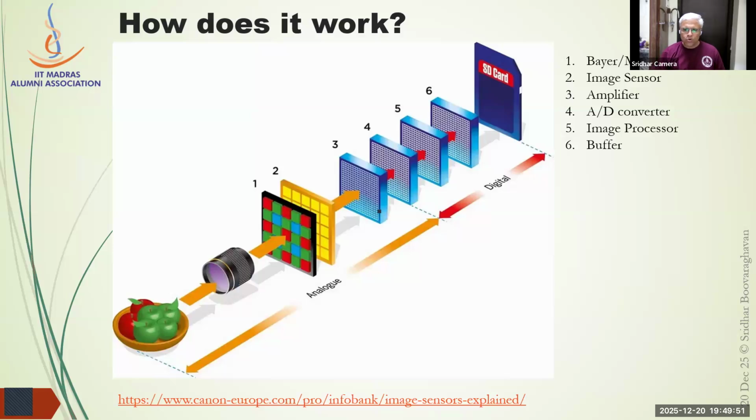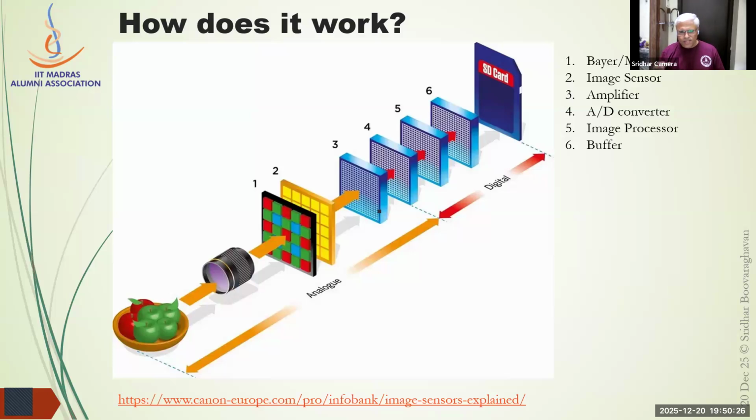And then after that, it goes to possibly an amplifier. These are optional things, but most digital cameras have them. So there is an amplifier, and then it goes to an analog digital converter. Till step 4, it is all analog signals. Digital starts only in step 4. There is an analog digital converter, and then sometimes there may be an image processor that might do things like noise reduction.